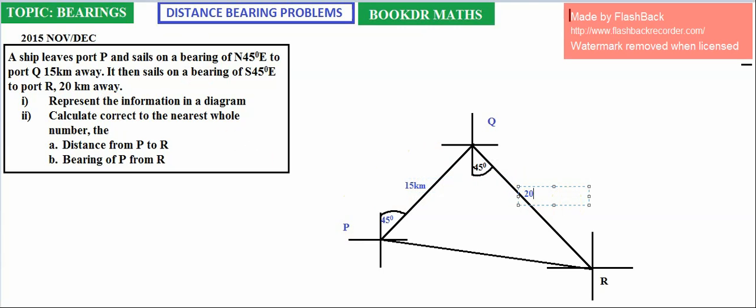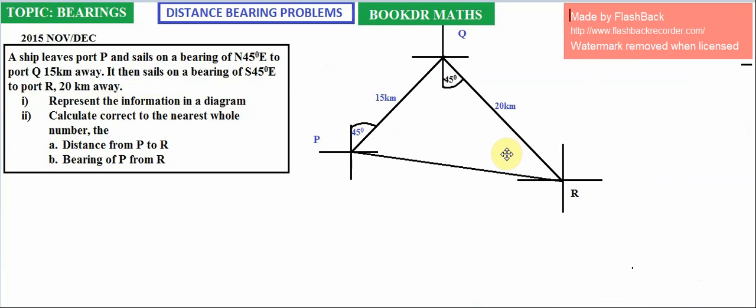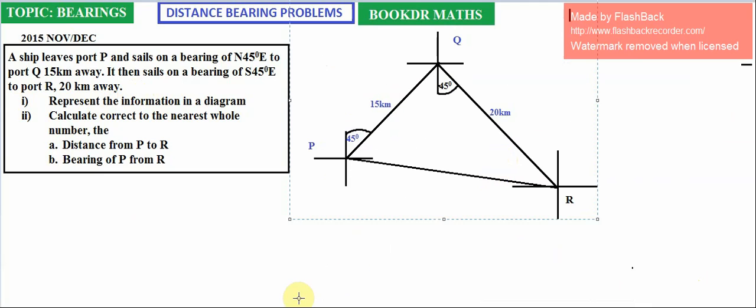That is a complete diagram. If you don't indicate these things, your diagram is incomplete. You lose marks. So let's push this one up to the top so that we can get space for the calculations.